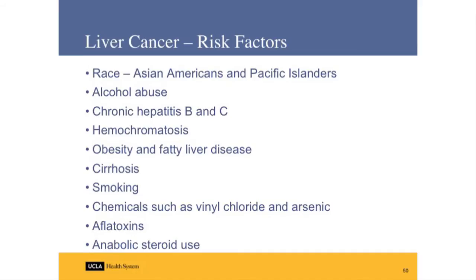So I don't think it's much of a concern in this country. Smoking is another risk factor. Obesity, which causes fatty liver disease and then can also cause cirrhosis, is another risk factor. Anabolic steroid use is another risk factor.